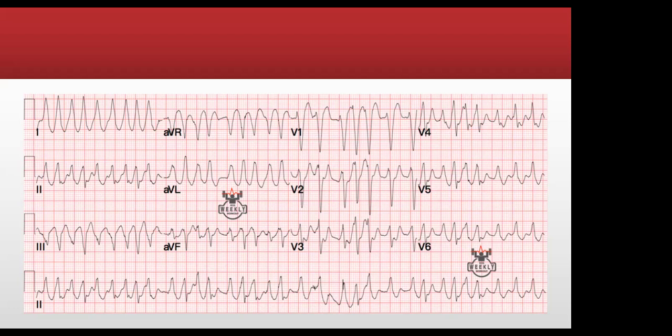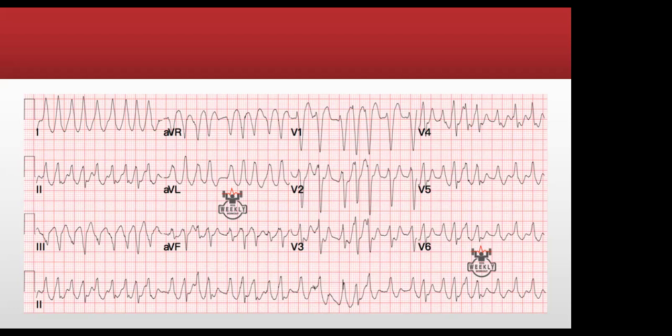The fact that it is irregular is because the underlying rhythm might be atrial fibrillation, which is conducted through any of the aberrant pathways. While in the context of VT, it tends to be regular because the impulse is coming from the ventricle, and tends to be of a regular pattern, most times.